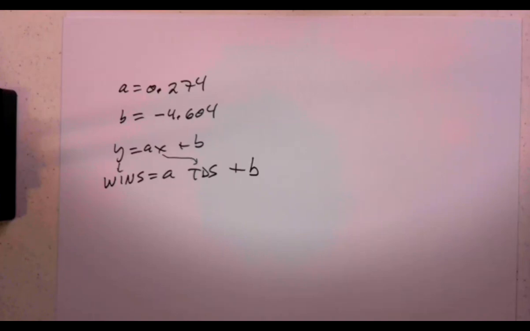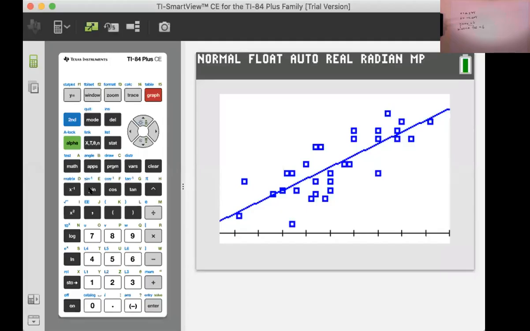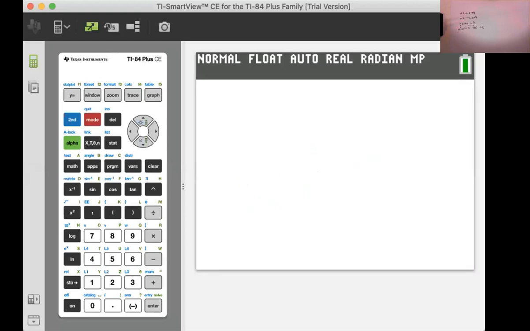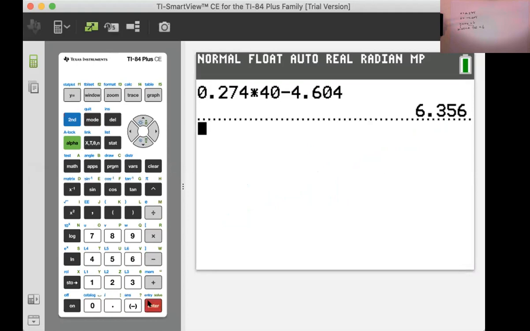So back to the graphing calculator. We can do it by hand first, second quit. So A, 0.274 times 40 minus 4.604. And we predict the number of wins should have been about 6.4, we'll call it.